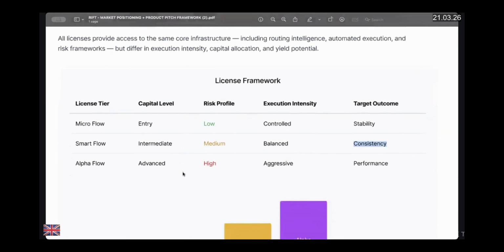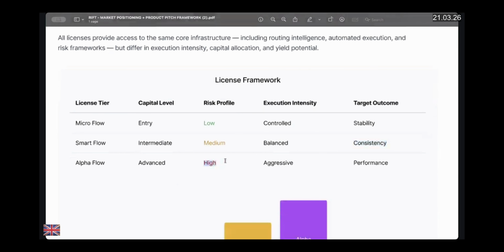And then comes the Alpha Flow, which is the high risk profile strategy, in which the aggressive execution intensity is applied with target outcome as performance, which performs in the most volatile times of the market every single day, and that brings you bigger profits of bigger ticket sizes, because it executes trades at high risk profile, and it executes almost all trades with aggressive trading behavior.